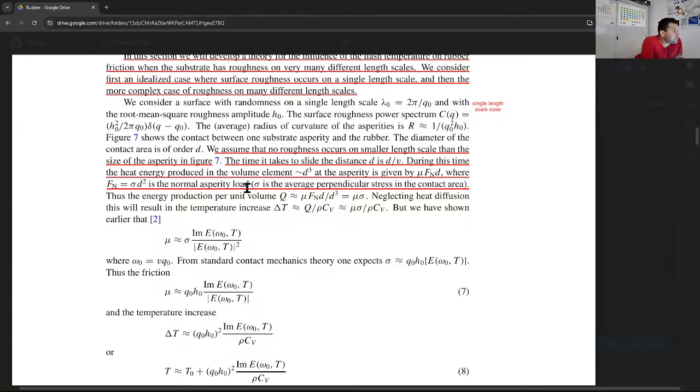Thus, the energy production per unit volume is Q = mu Fn d, all divided by the cube volume, which is mu divided by sigma, the pressure or perpendicular stress. Since we neglected heat diffusion, our delta T is Q divided by rho C_V, which is mu sigma divided by rho C_V.